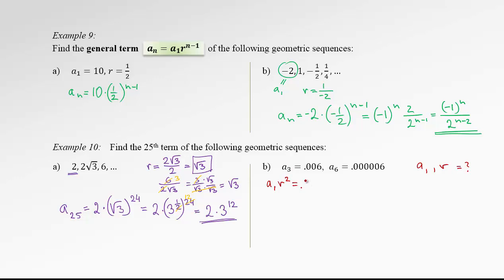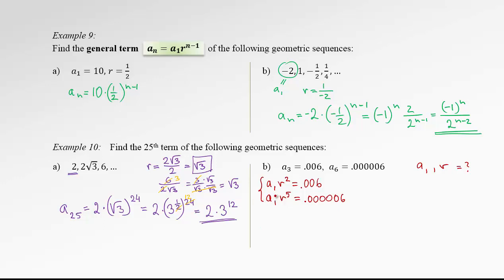And that equals 0.006. The second equation can be written as a6, which is a1 times r to the power one lower than 6, so it's 5, right? Equals 0.000006. There's 5 zeros and 6, right? So yes, we have a system of two equations with two unknowns, so it shouldn't be a problem to solve it.